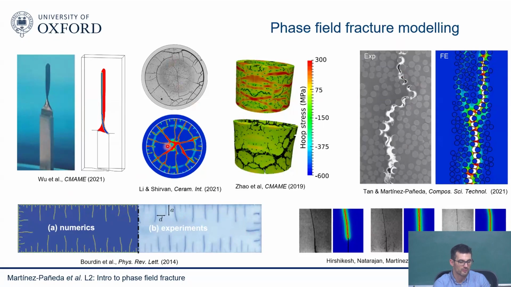This is nuclear fuel pellets for nuclear applications. Very complicated cracking phenomena and an excellent agreement with experiments. So very powerful. It allows you to simulate things that we couldn't simulate before. And it's because it's based on well-established fracture mechanics theory. It's in good agreement with the physics.